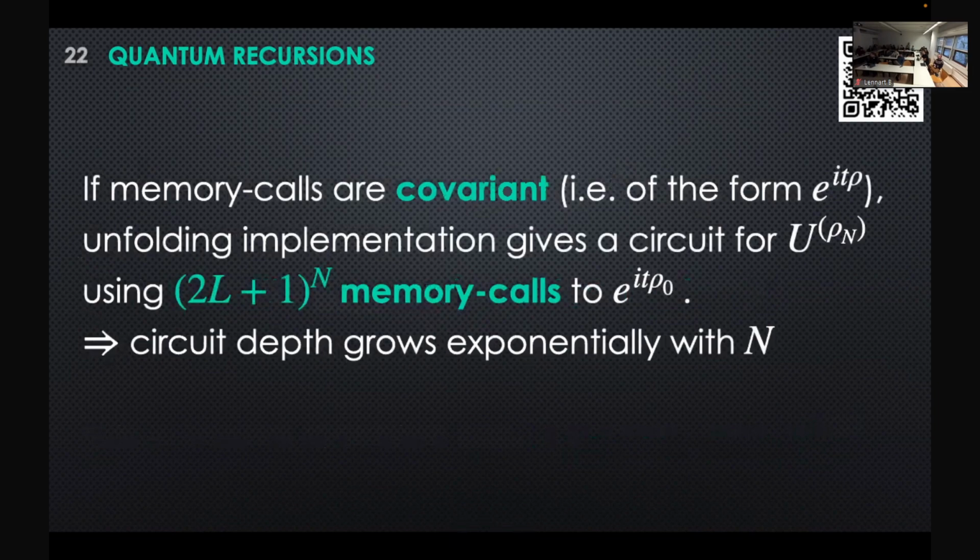If the memory calls are covariant, meaning they are of the form exponential of i t rho, so f is just the identity, then you can do the unfolding that I introduced in the dbKite for any generic covariant memory call quantum recursion, and implement the circuit for this U of rho n using exponentially many memory calls to the initial state, exponential of the initial state that we know. The circuit depth grows exponentially, and the factor is 2L plus 1, where L is the number of memory calls.